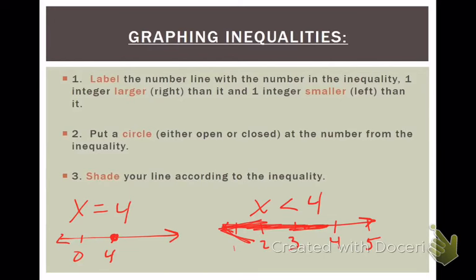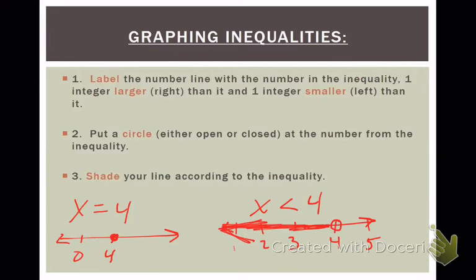Now, the question is, is 4 a solution? Is 4 less than 4? The answer is no. So I don't want to shade that number in. So what we do is we put a circle around 4, but we don't color it in, to show that we want everything up to 4 as a solution, but not 4. Okay?